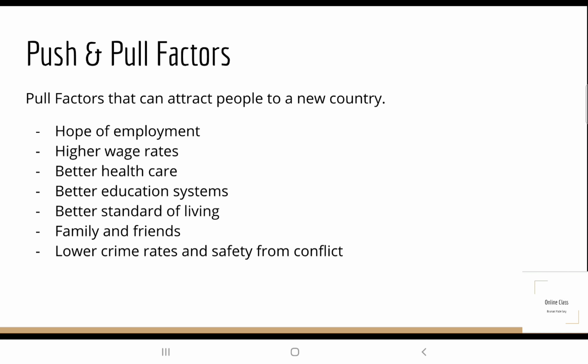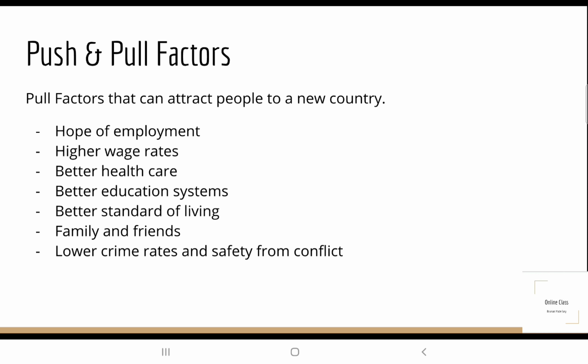Okay, so those are the factors that are pushing people away from their own country, and you have pull factors that attract people to a new country. The pull factors that pull people into a new country are the hope of employment, higher wage rates, better healthcare, better education systems, a better standard of living, family and friends. Family and friends may already be in a new country and they want to go join them.